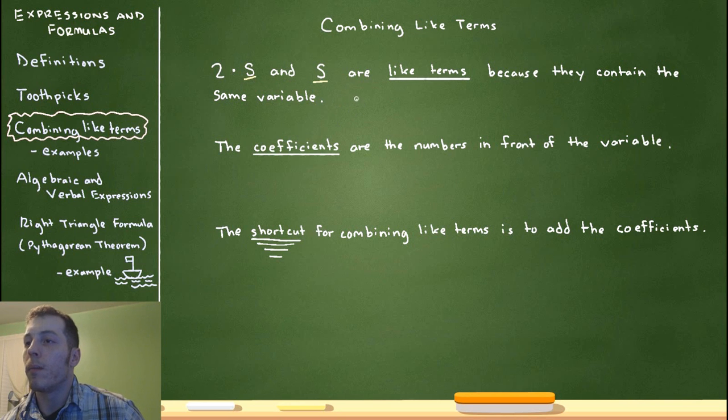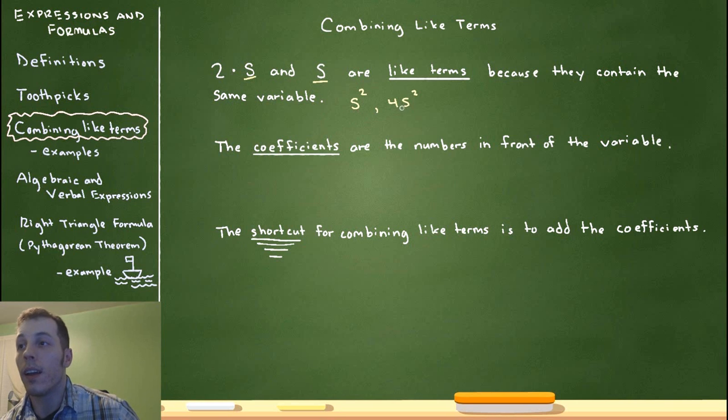If we had something like s squared and 4s squared, these are like terms as well because s squared and s squared are the same. Okay, they also need to have the same power. Okay, like here the power is 1. So keep a lookout for that.